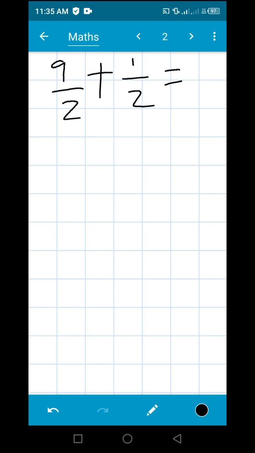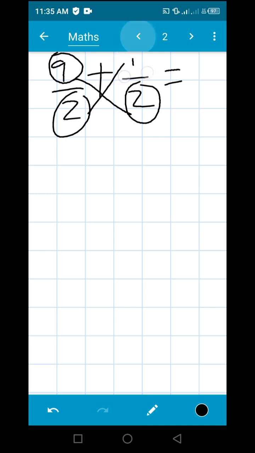For addition of fractions, we are still going to use the same strategy of cross multiply, like this, like 9 times 2 plus 2 times 1, as you can see here, but after which we are going to divide by the multiple of the denominator. So this is the application when we are using addition of fractions.